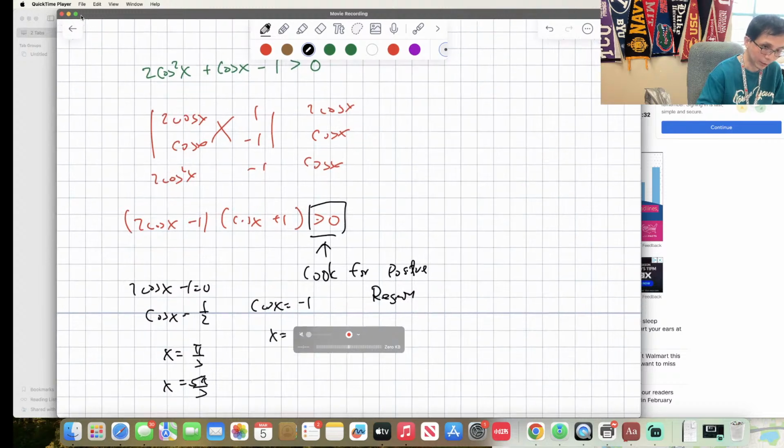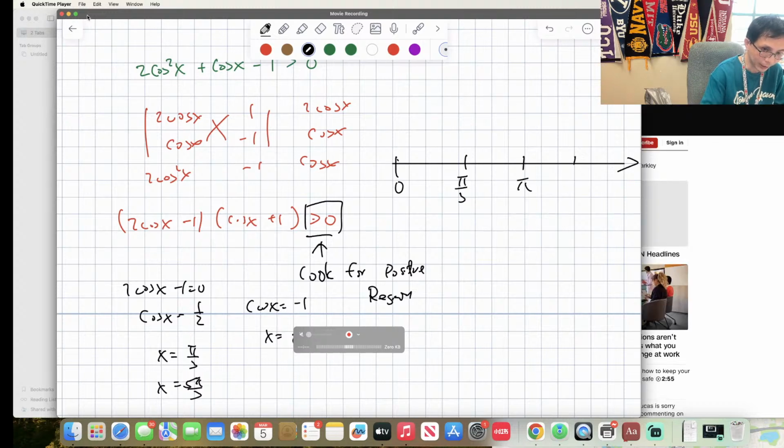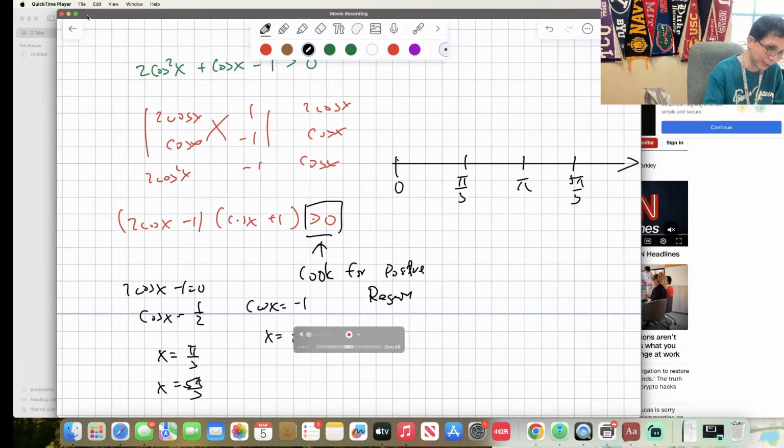So your number line test is based on those few values. I'm going to start with 0, pi over 3, pi, and 5 pi over 3. Then I'm going to plug in pi over 6 into 2 cosine of x minus 1 and cosine of x plus 1.